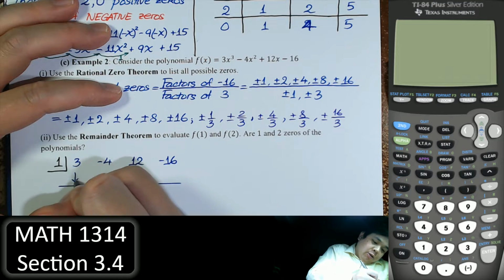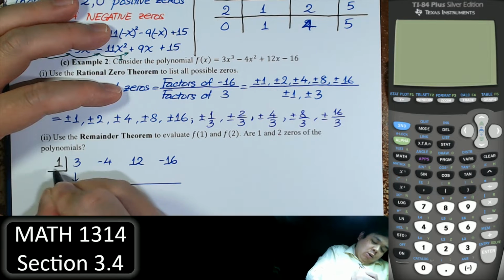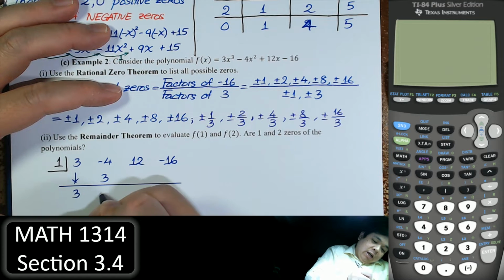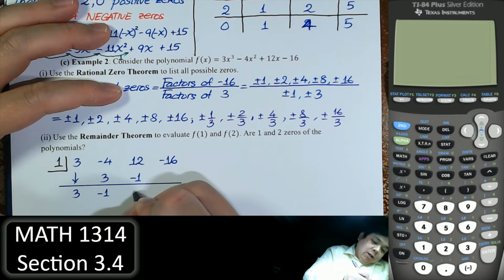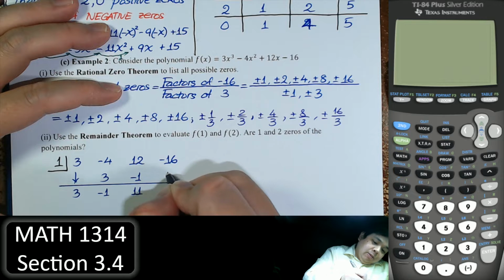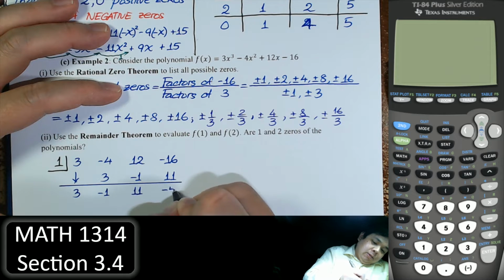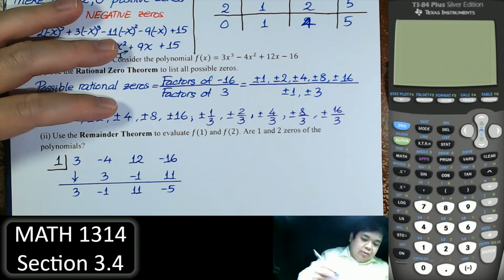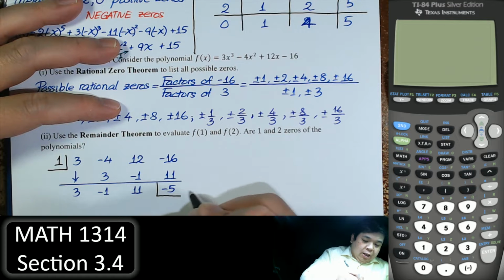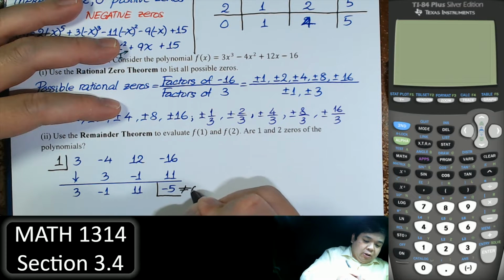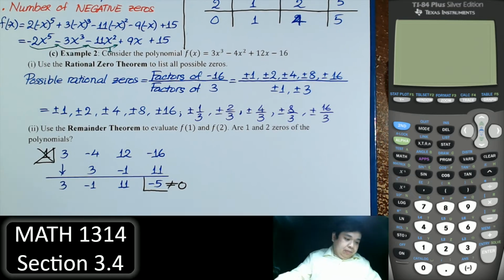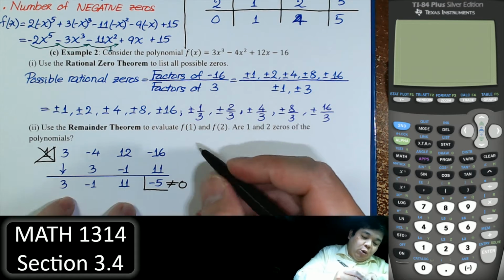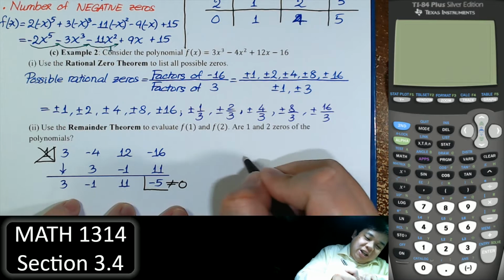So drop down the 3, 1 times 3 is 3, that's -1, so that's 11, -5. Since this is not equal to 0, I mean x equal to 1 is not a zero, I should say that.